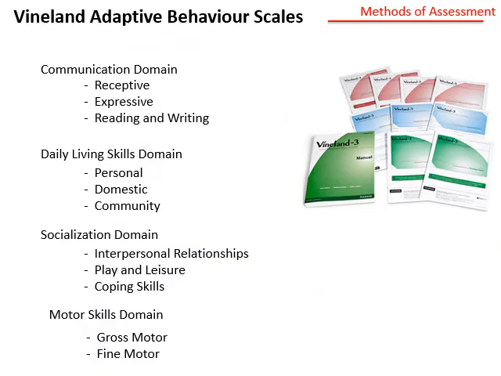When we think of adaptive behavior scales, we're talking about those that really are looking at the activities of daily living, as detailed here in communication, daily living skills, socialization, and motor skills.